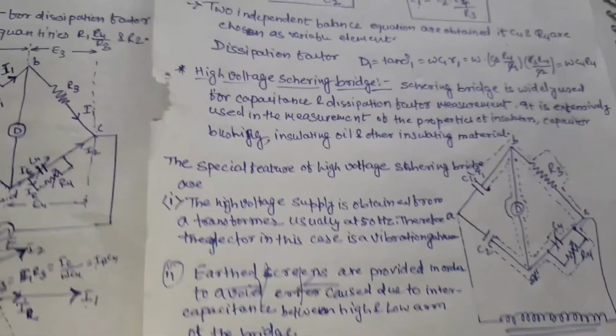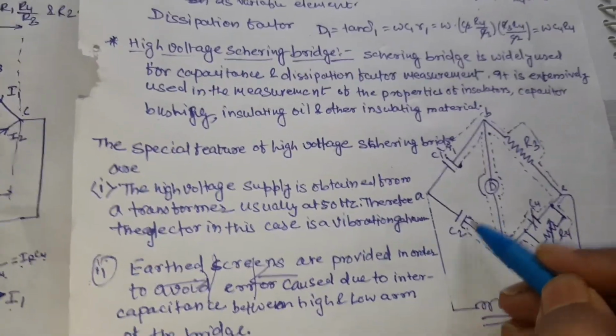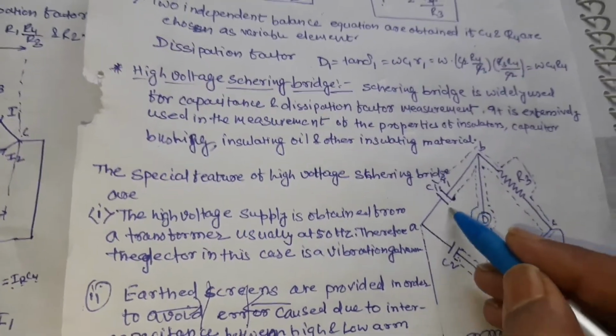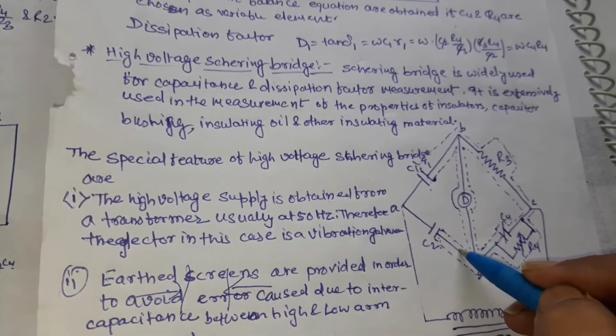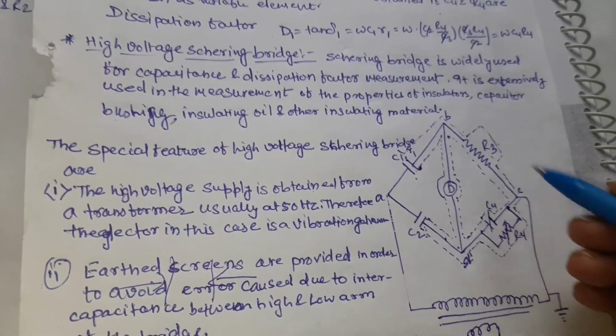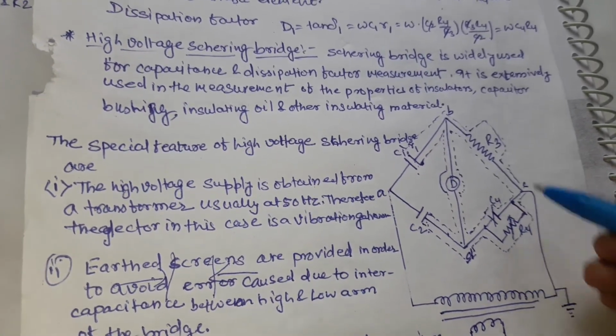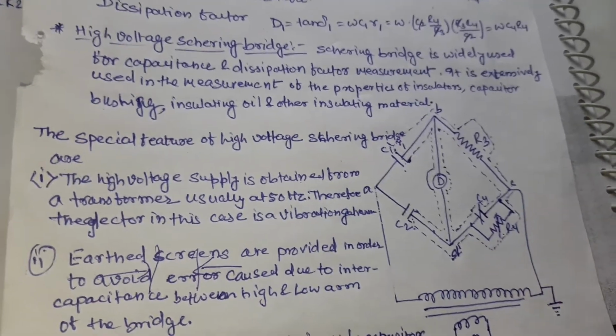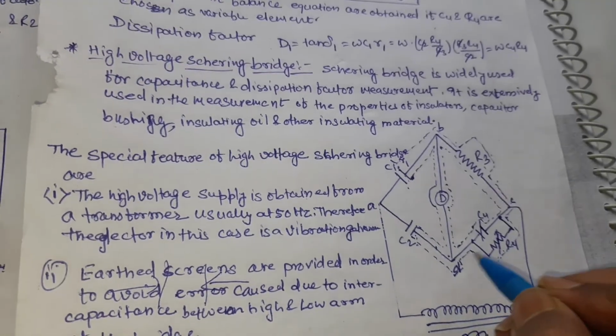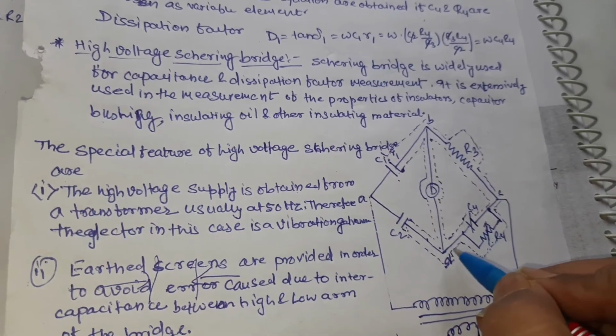The special feature of the high voltage arm is that C1 and C2 are in the high voltage arm, and arm 3 and arm 4 are low voltage terminals.